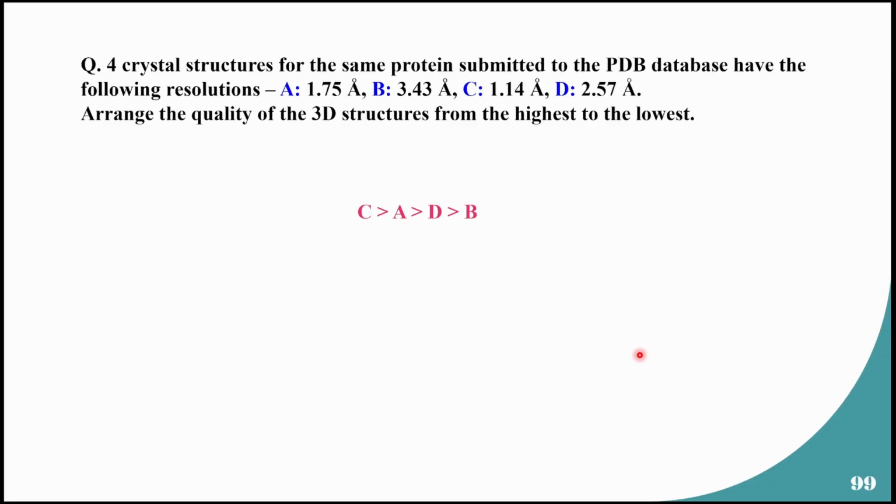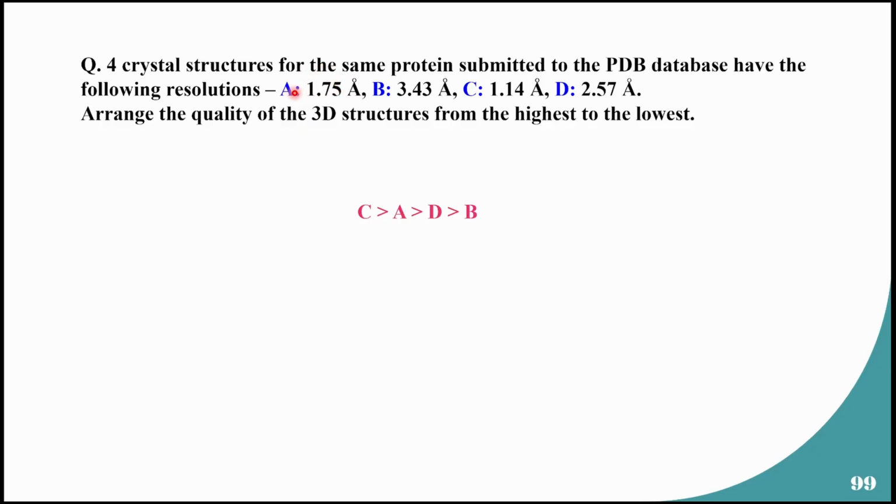And we saw how you can assess the quality of a structure. You can assess them in terms of something called resolution. It's kind of the same thing as your optical resolution. Whenever you have a lower value, that means the quality of the structure, at least from the resolution perspective, is greater.